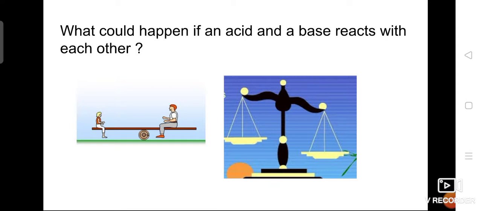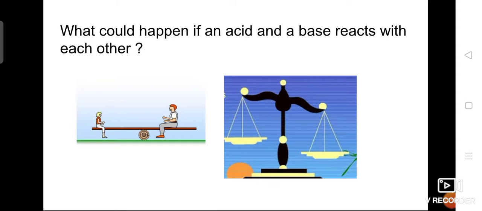A very interesting thing that we are going to discuss here is what would happen if an acid and a base react with each other. Because we saw that acids and bases are very different from each other. They don't have anything in common, isn't it?